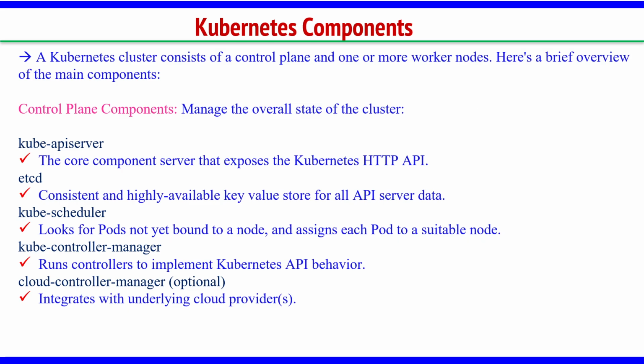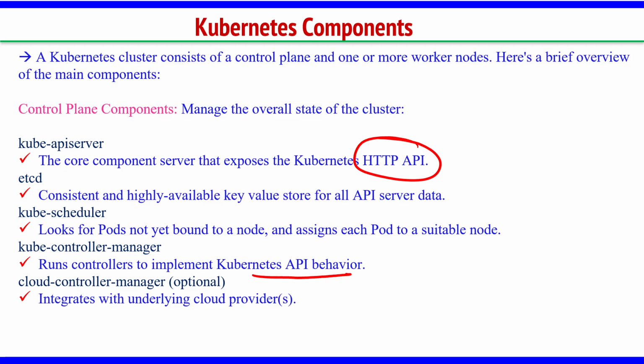Next, the controller manager. What is the job of the controller manager? It runs controllers to implement Kubernetes API behavior. Whatever request came to us, the API request, whether it is properly being managed, whether it is properly being served or not, that will be taken care of by the controller manager.